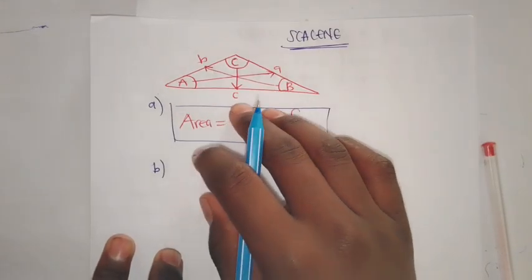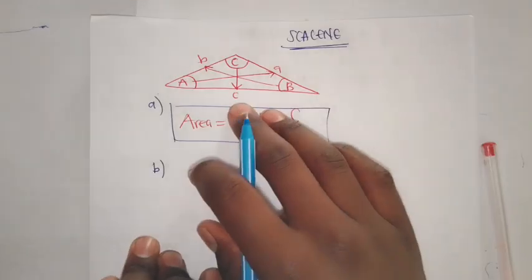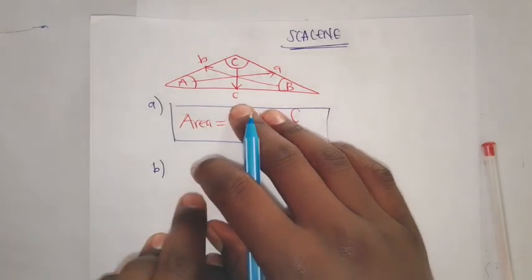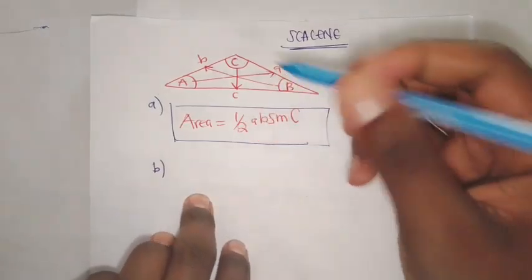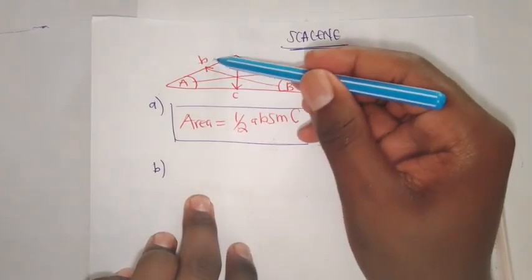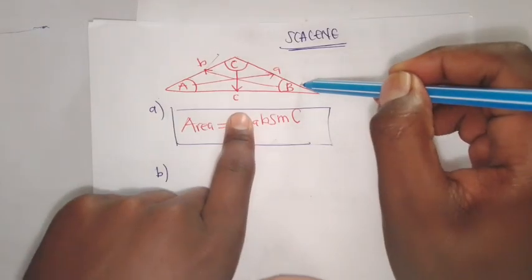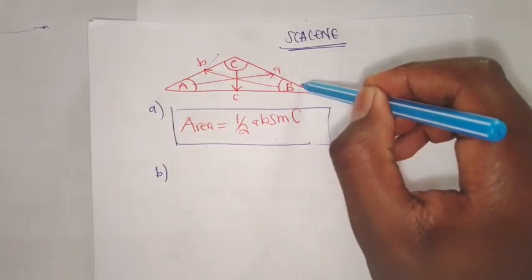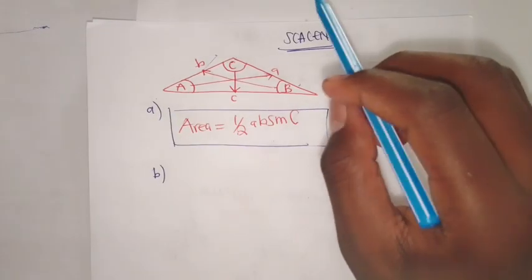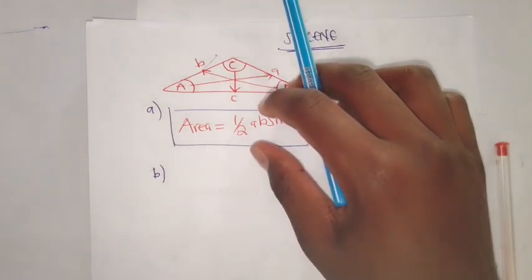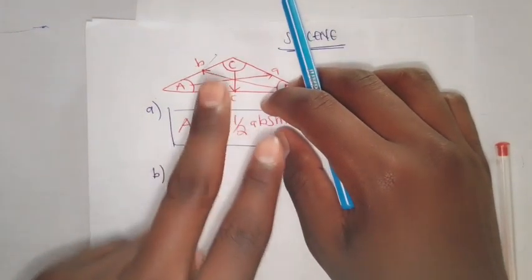We use cosine rule when you have been given two lengths, maybe A and B, and you don't know C. You can use cosine rule for as long as you've also been given the angle between those two sides you've been given.